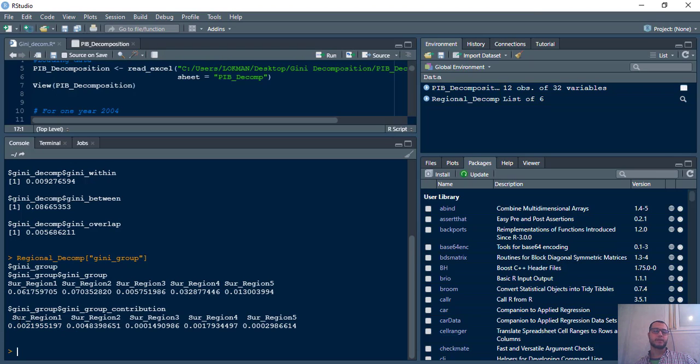So for 2004, if we add the GDP for region 1 plus region 2 plus region 3 plus region 4 plus region 5, we will get the total, and region 1 contributes this 0.0021 in this total GDP.